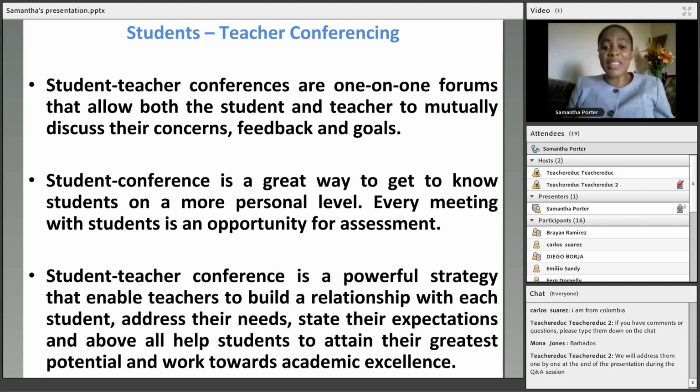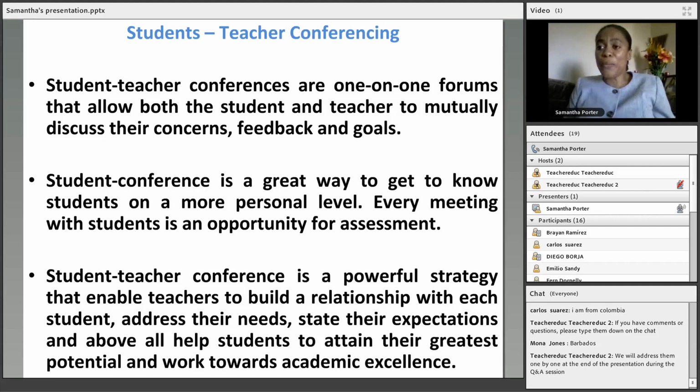Student-teacher conferencing is a powerful strategy that enables teachers to build a relationship with each student, address their needs, state their expectations, and above all, help students to attain their greatest potential and work towards academic excellence.